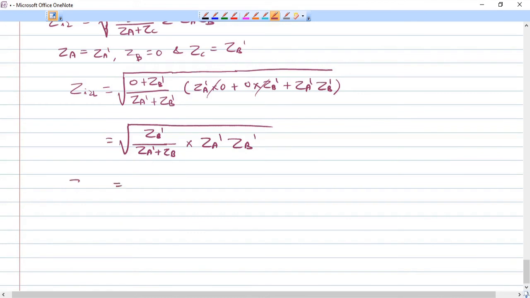So what is our image impedance Zi2 for an L network? That will be equal to square root of Za dash into Zb dash square.